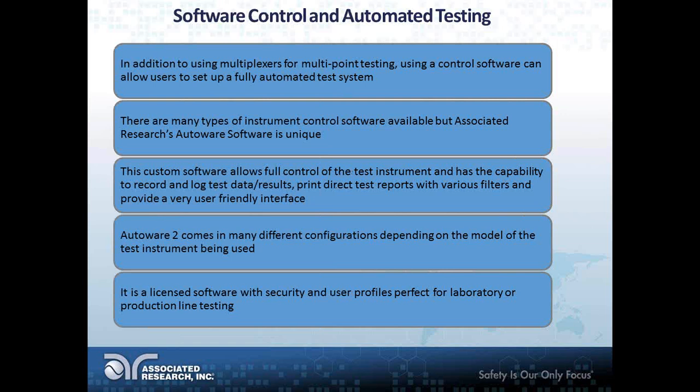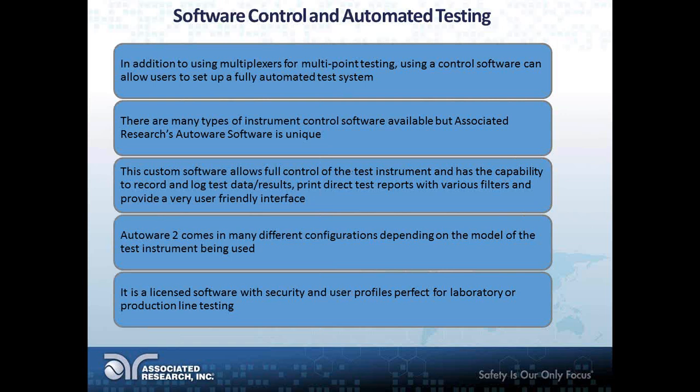Now, as we all know, there are many types of instrument control software available, but Associated Research has come up with their own custom software, called the Autoware software, and it is unique in many different ways. First of all, this custom software allows full control of the test equipment and has the capability to record and log test data, test results, print direct test reports with various filters, and provide a very user-friendly interface.